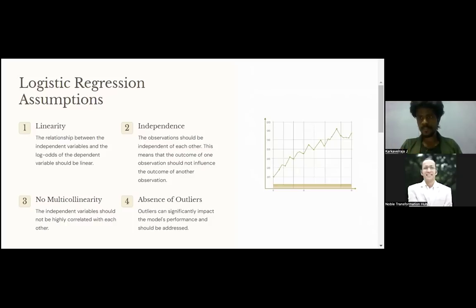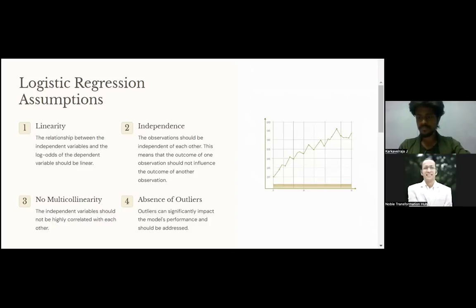Okay, so logistic regression assumptions, let's understand what the assumptions are. One is linearity. The relationship between independent variables and the log odds of the dependent variable should be linear.